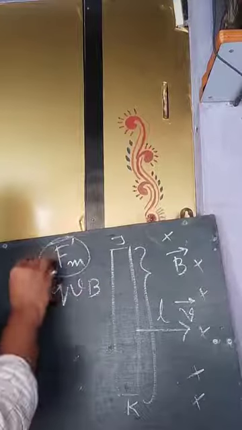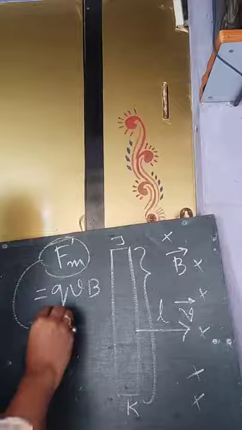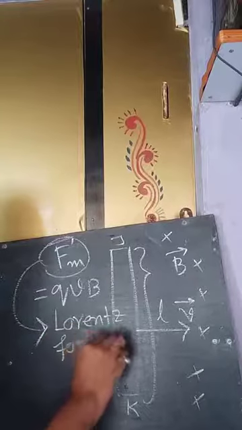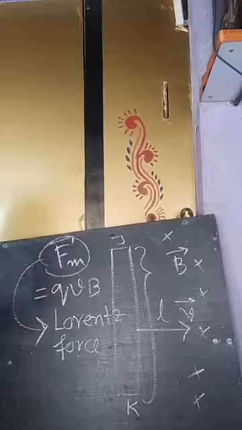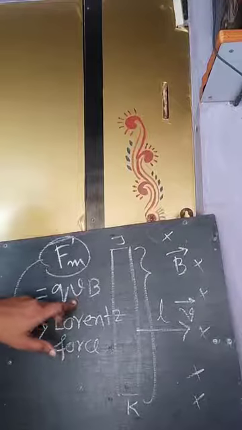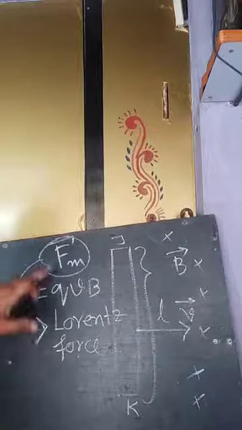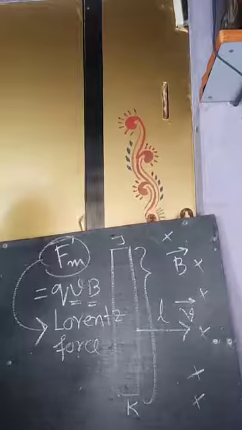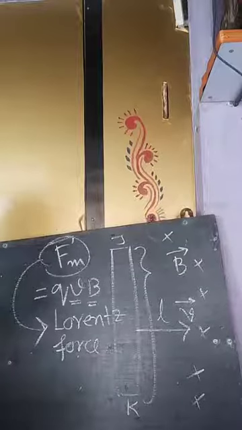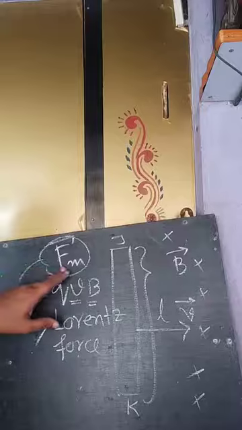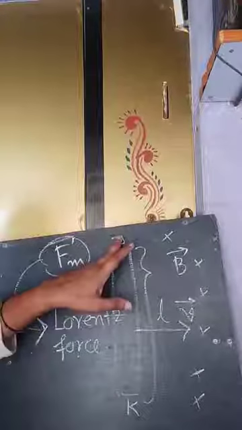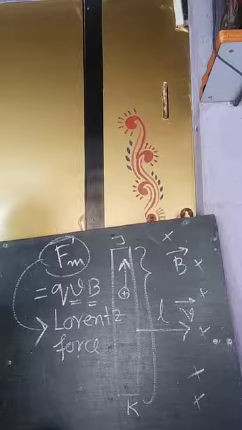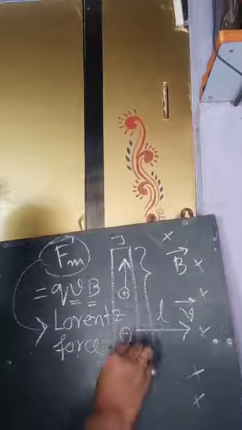This force has a specific name, the Lorentz force, and its direction is always perpendicular to v, and v is perpendicular to B. Therefore, this force acts mutually perpendicular to v and B. Now, according to Fleming's left-hand rule, the force Fm on the positive charge will be directed towards J, and that on the negative charge towards K. Clear?